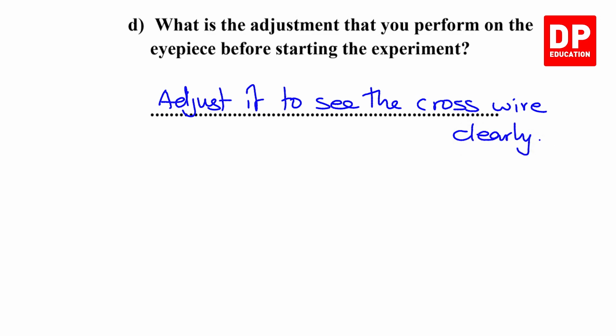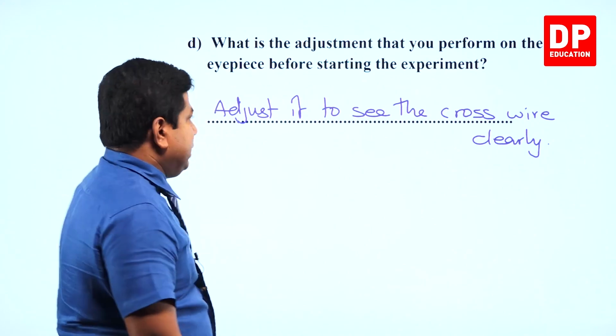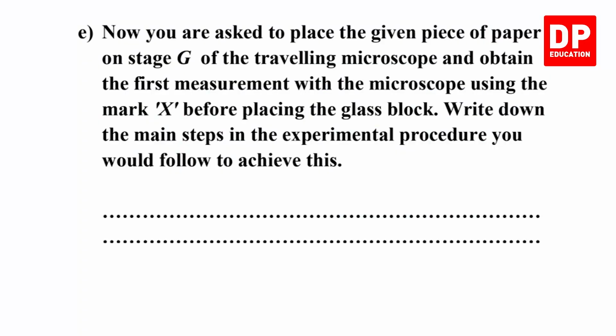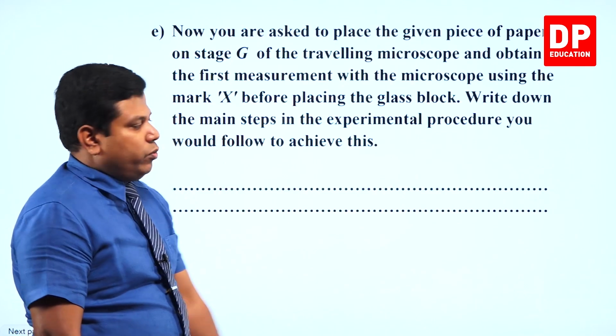Right. Next. Now you are asked to place the given piece of paper on stage G of the travelling microscope and obtain the first measurement with the microscope using the mark X before placing the glass block. Write down the main steps in the experimental procedure you would follow to achieve this. So what do we do?